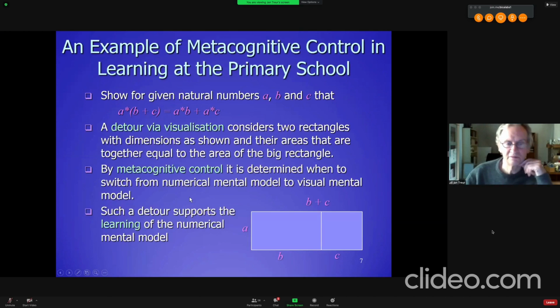So by metacognitive control, it's determined when to switch from the numerical to the visual mental model, or in this case geometric. And that supports the learning of the numerical. So you can try to find it out in the numerical way, or you can just do it visually and then come back to the numerical side.